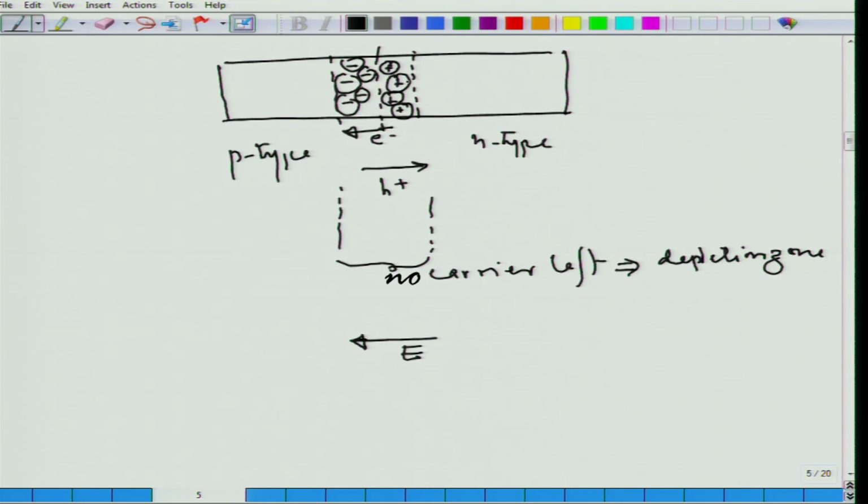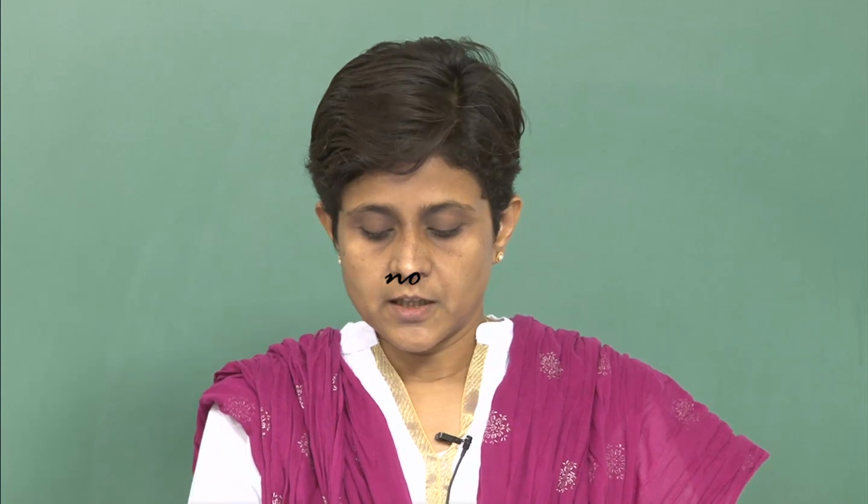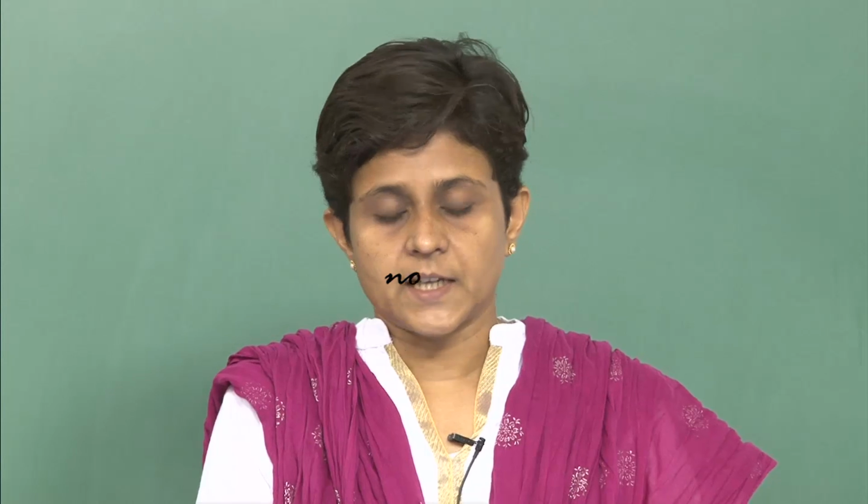If the electrons continued to move from the n type to the p type, eventually nothing would be left. But because of this field, electrons are going to be moving from p to n type, while because of the concentration gradient they are moving from the n type to the p type.